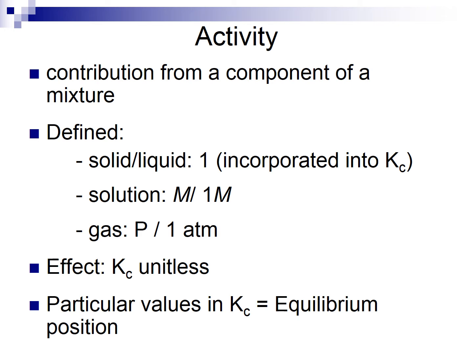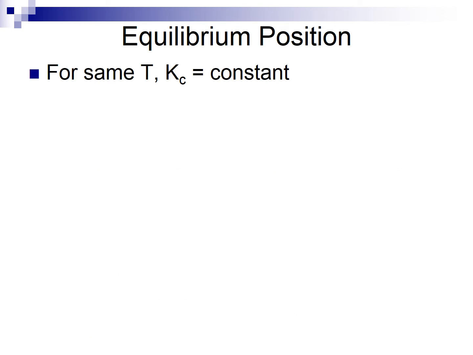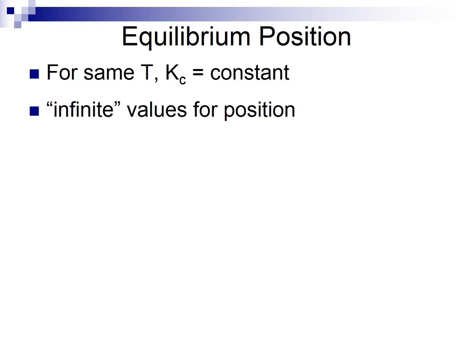These different sets of values that can go into the equilibrium expression are called equilibrium positions. And the equilibrium position for the same temperature has a constant K value. This essentially infinite number of values for different sets of data give us our various different equilibrium positions.